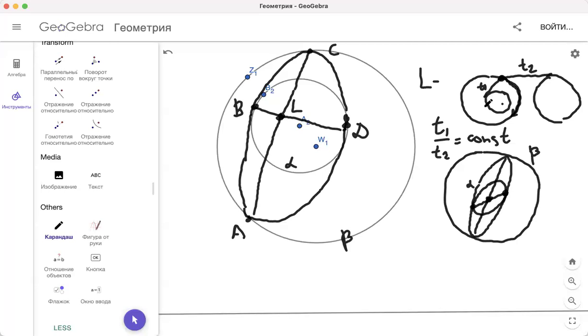But it is true only if these three circles lie in the same pencil, so the equation of the third circle is a linear combination of the two circles.